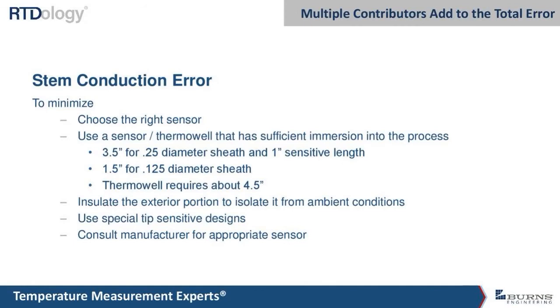So, I'd mentioned using smaller diameter sensors. Some of the really small diameter lines, where we'll have maybe a 1/2 inch or a 1 inch diameter tube system, a probe that doesn't use a thermal well, just an 1/8 inch diameter, very tip sensitive, those we can get by with about a 1.1 inch immersion as a minimum.